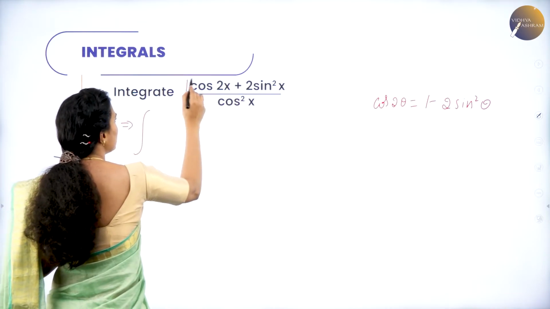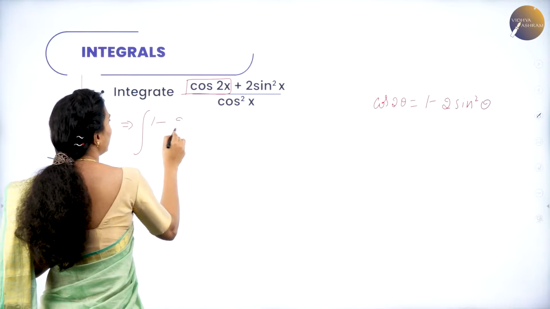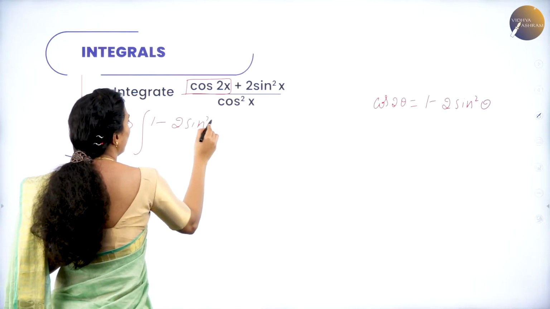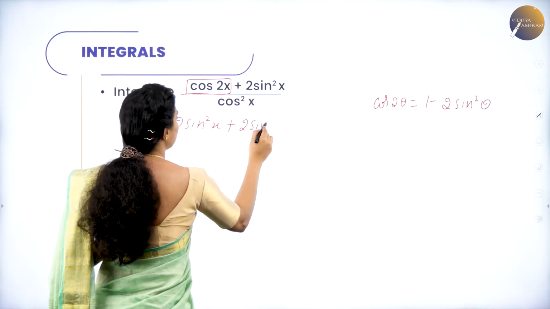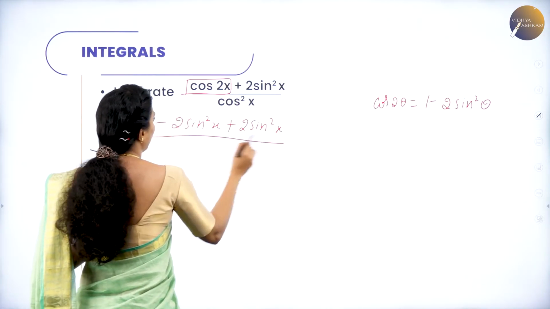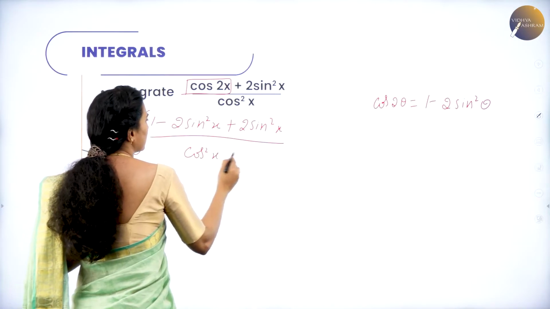Integral of cos 2x I can substitute as 1 minus 2 sin squared x, where theta replaces x here, plus 2 sin squared x, right? Divided by cos squared x into dx.